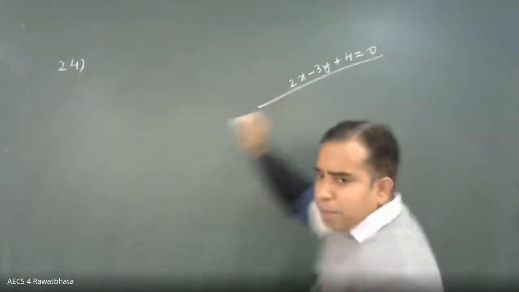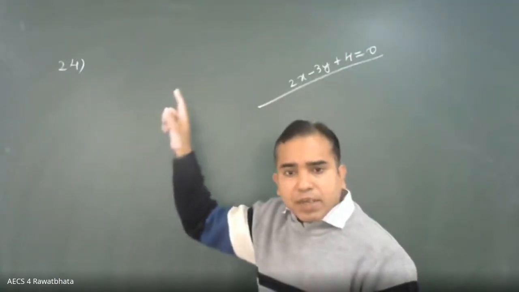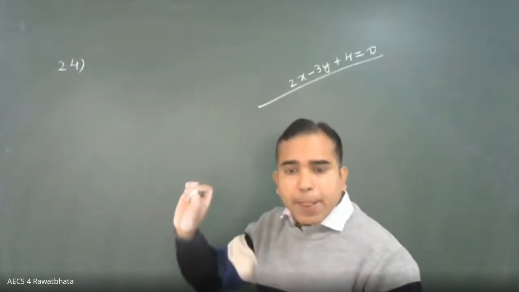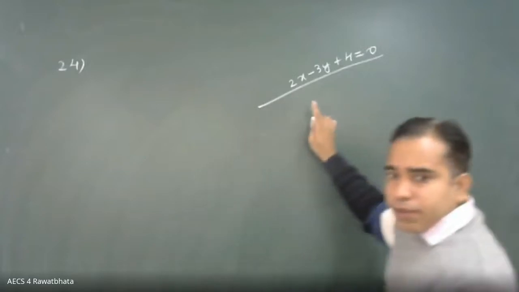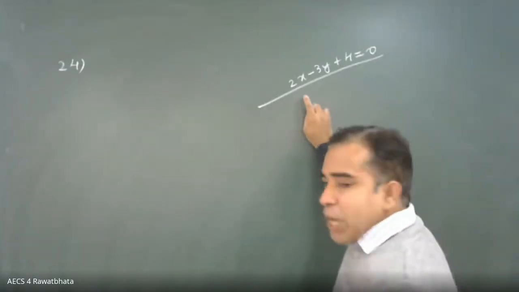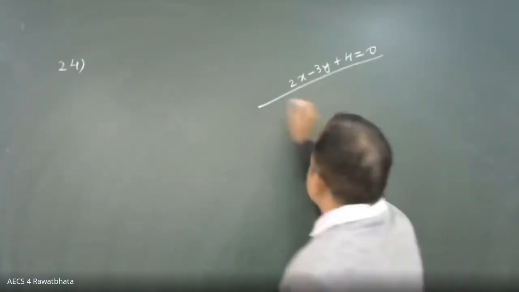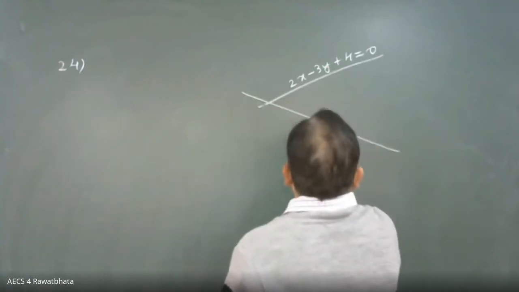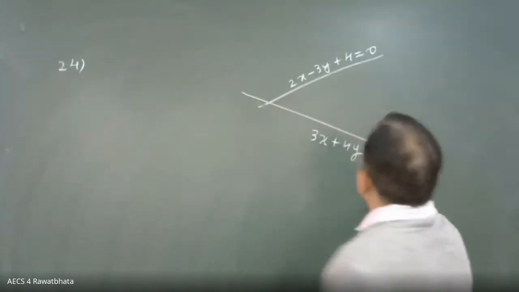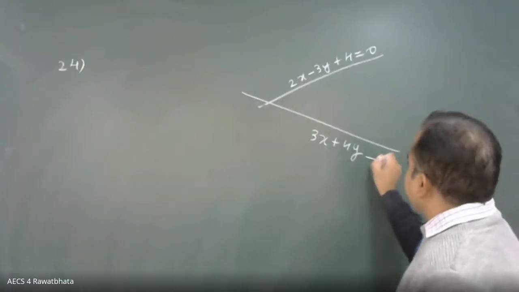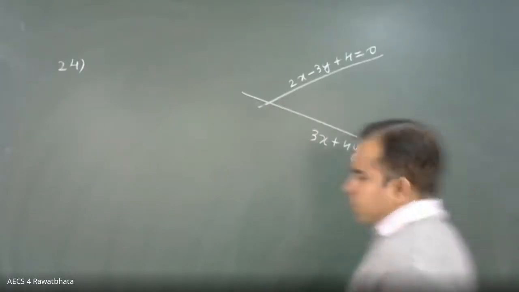Okay. So there is a person who is standing at the crossing of these two roads, right? Yes. What is the other equation? 3x plus 4y minus 5 equal to 0.